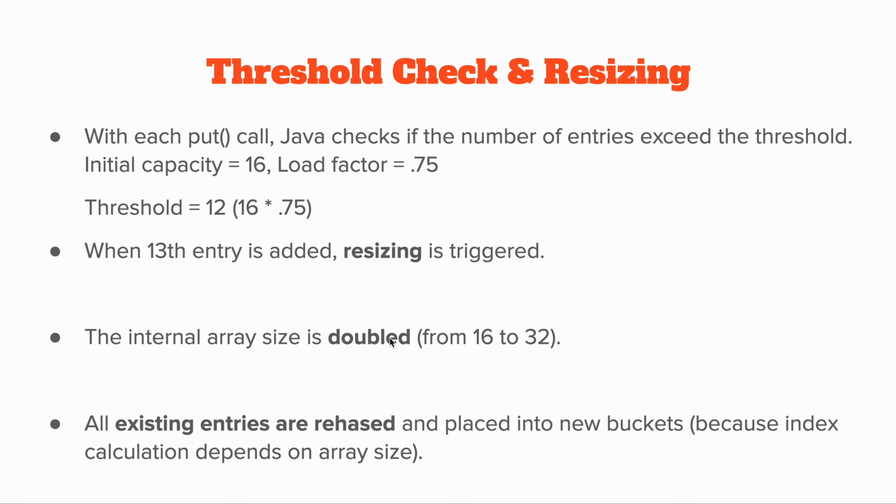If the initial capacity is 16, then it goes to 32. And if the array size is 32, then it is resized to 64, right? After resizing, all existing entries are rehashed and placed into new buckets, because index calculation depends on array size, which we have already discussed, right?